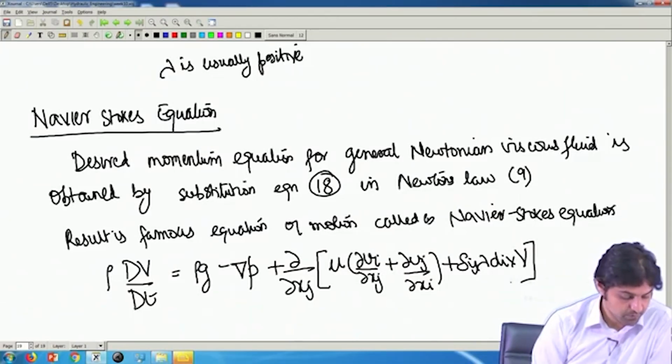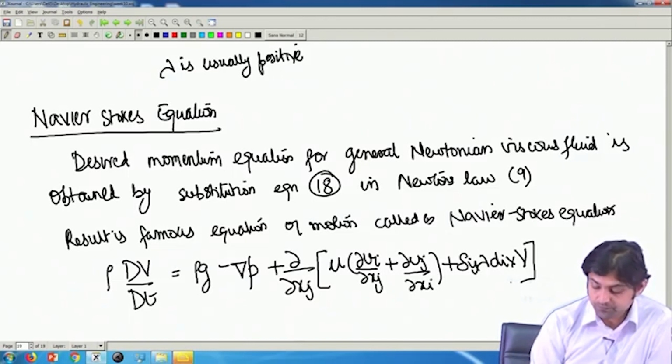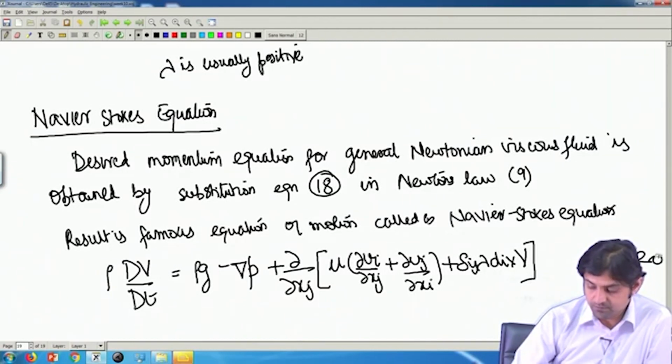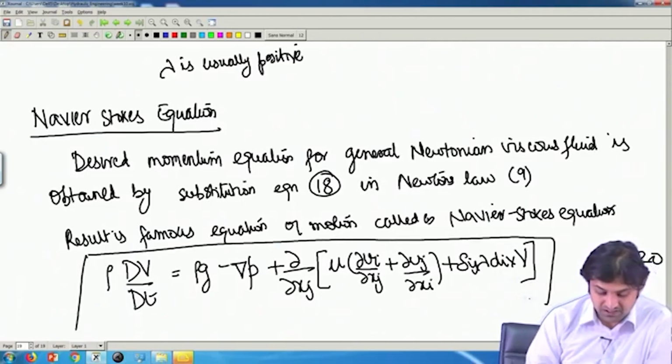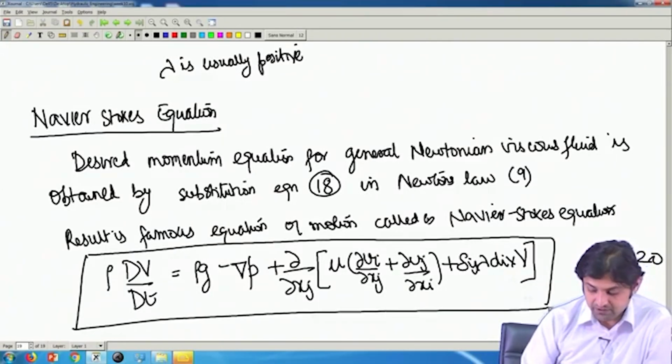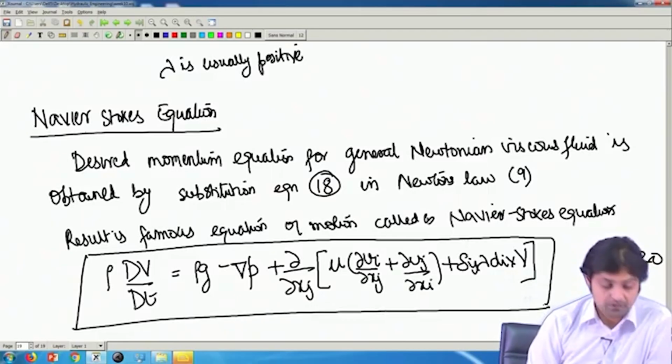This is equation number 20, and now we have written the general Navier-Stokes equation.